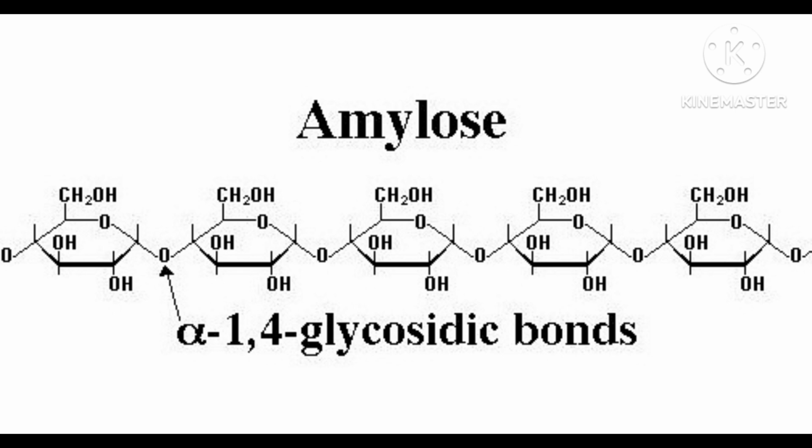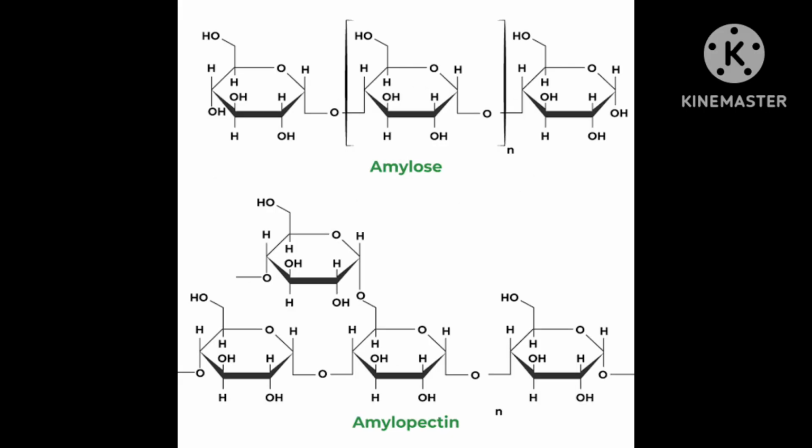Amylose is a water soluble component which constitutes about 15 to 20% of starch. Correct? Chemically, amylose is a long unbranched chain with 200 to 1000 alpha D glucose units.